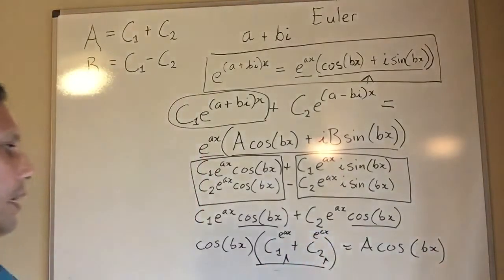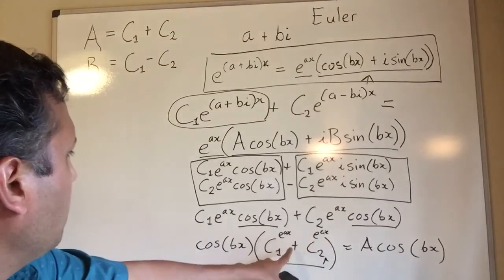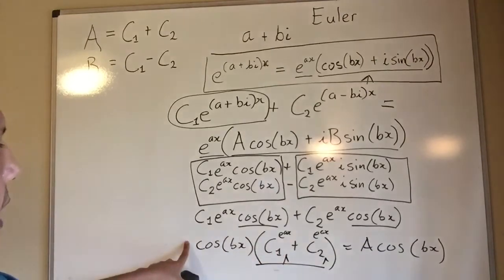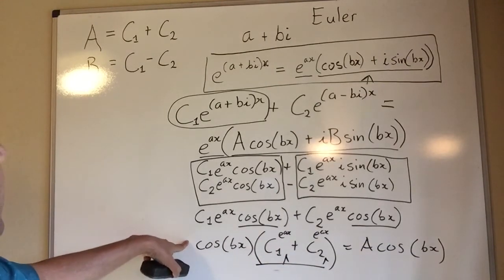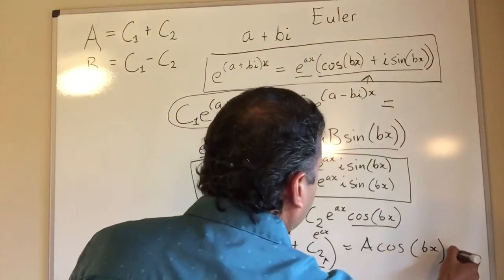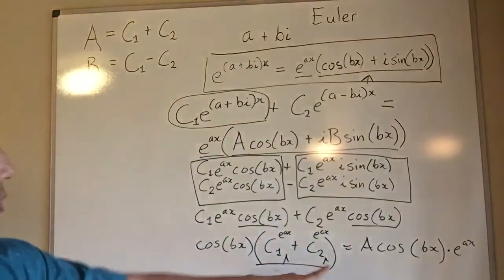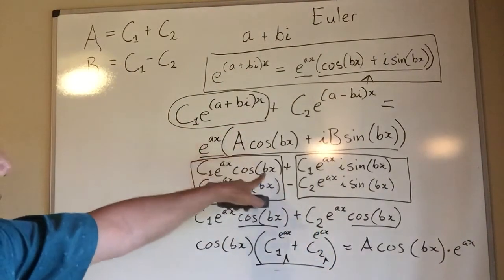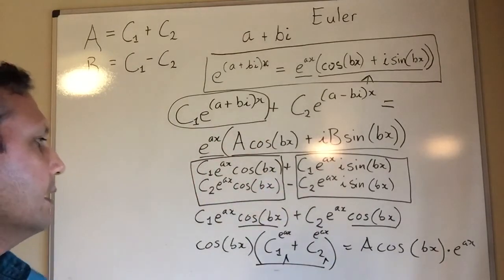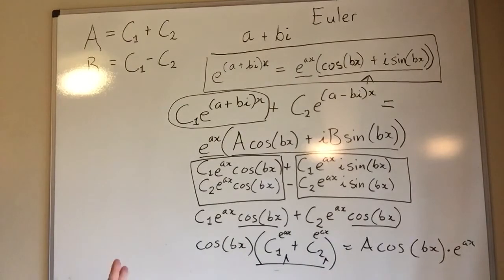I forgot to write that in. So I can also bring the e to the ax out. So I can write it out here, e to the ax. So this is very close to this. I noticed it when I saw this e to the ax multiplied by here, so I was making a mistake by not writing the e to the ax. So I caught that early.